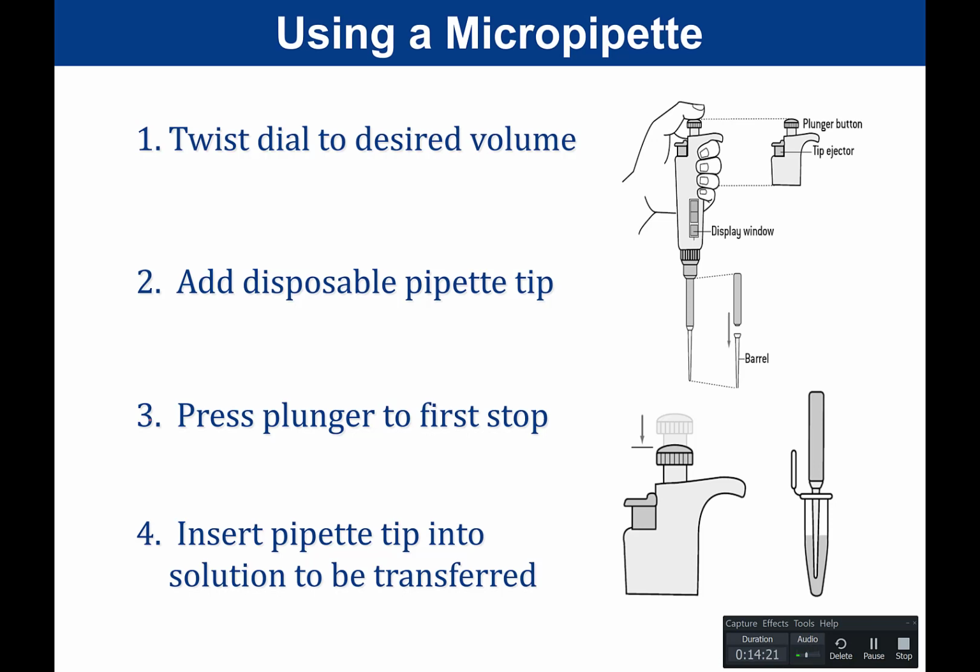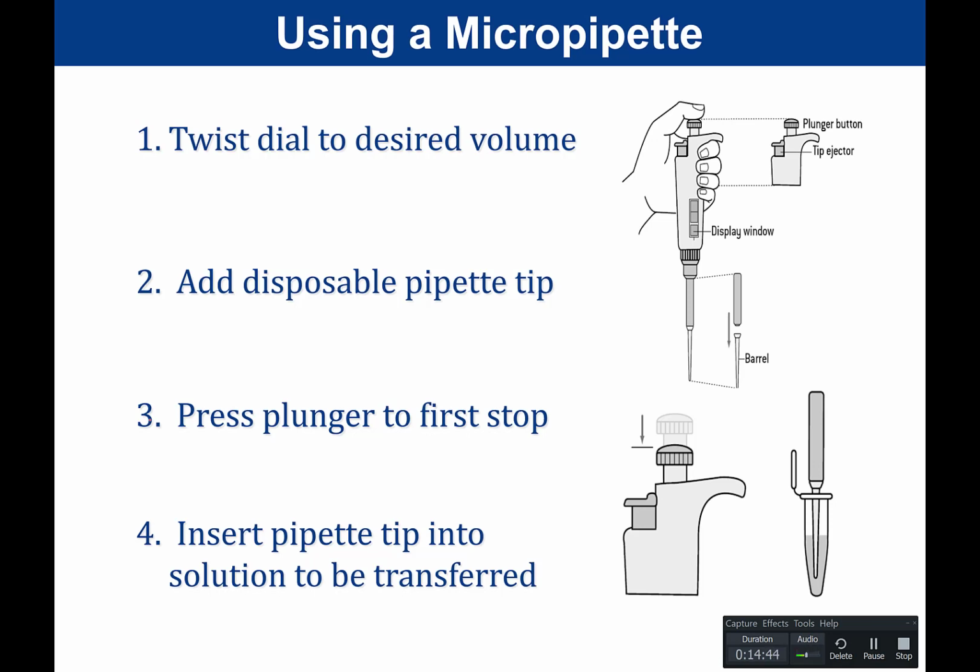So again, if I'm trying to pipette 100 microliters and I'm using my P1000, I need to make it read 010 on my micropipettor. So the first thing we have to do is twist the dial to set the volume that is desired.